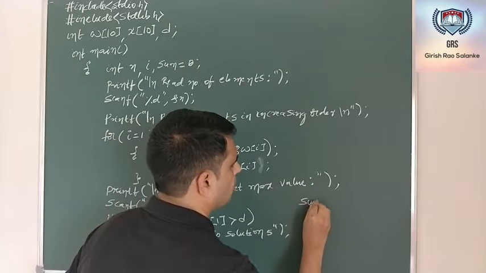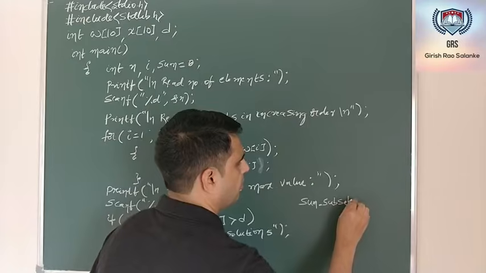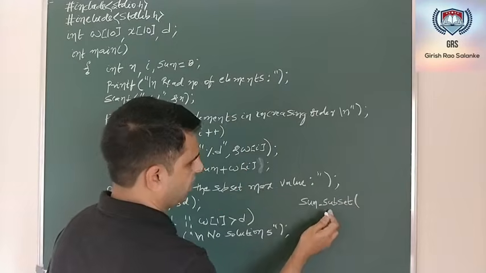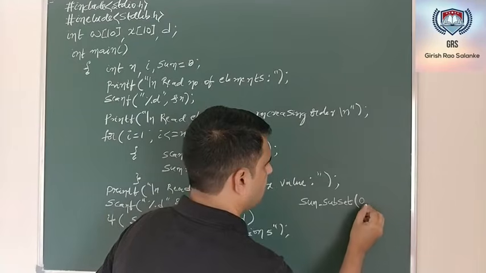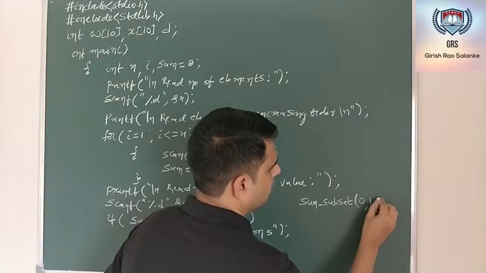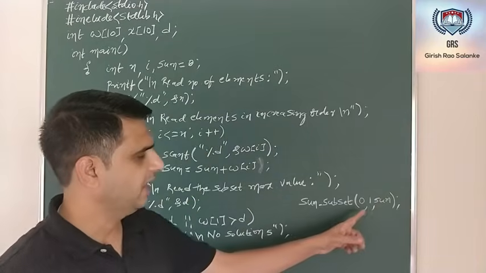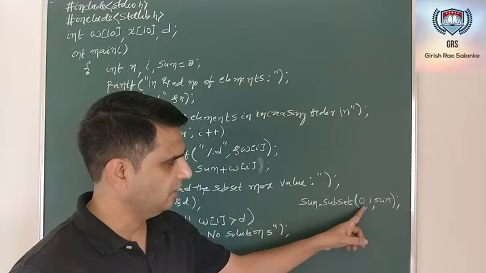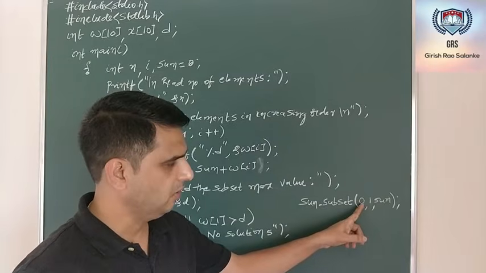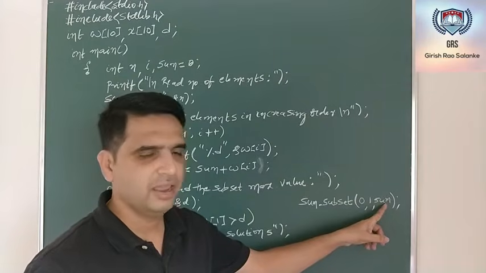Sum subset. Please note that I am writing the function as sum subset of 0, 1, comma, sum. I am passing 3 arguments: the initial sum value, which I will call s, which is 0, then the index k, and this is my final sum.